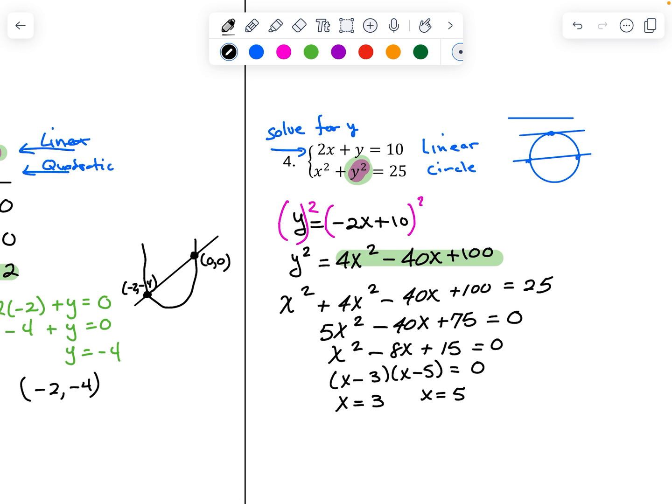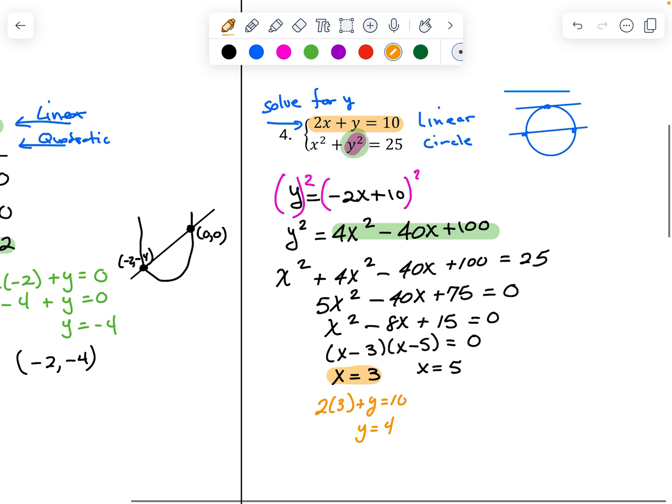Now I'm going to take my value of x when it's 3, and put it in the first equation. And I am going to say 2 times 3 plus y is 10, so y is 4. So I have an ordered pair of 3, 4.